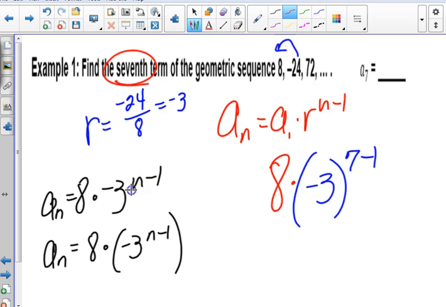Because the even one wouldn't work. Because when you put this in, if you don't put a parenthesis here, it's going to take 3 to the n minus 1 and then take the opposite. Everybody okay with that? Just be careful. Your parentheses need to be around the negative number. Same if it's a fraction or decimal, make sure you put parentheses. I just always put parentheses. I should write it this way when I write it, okay?